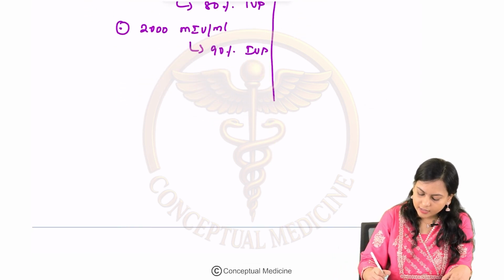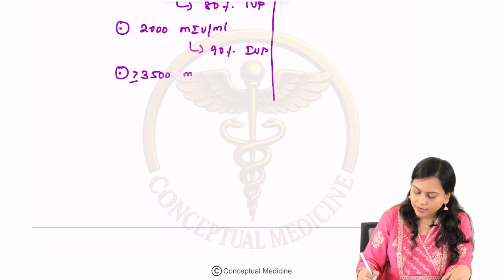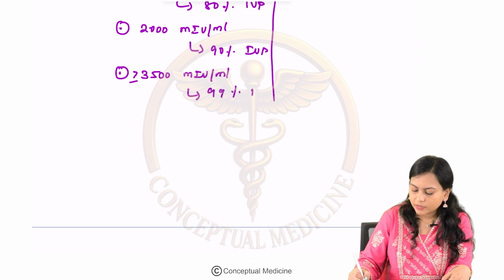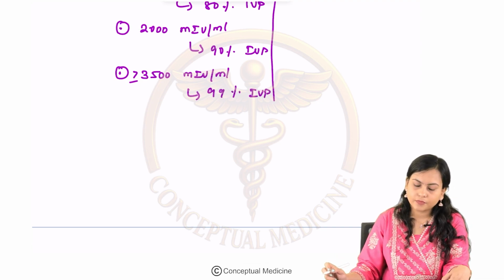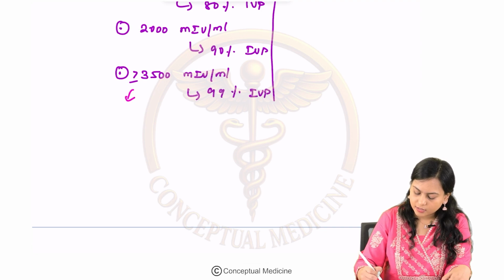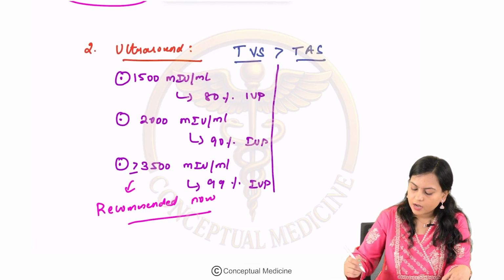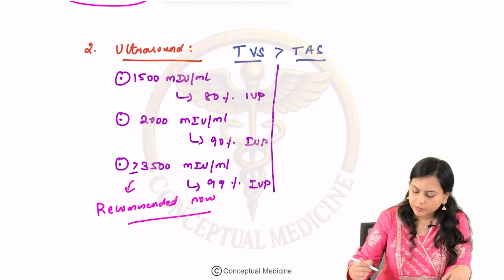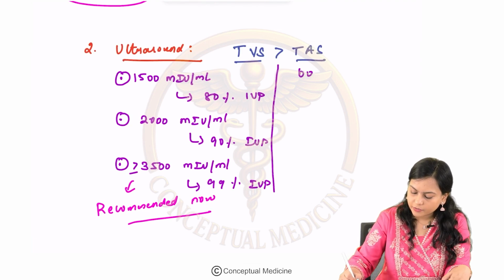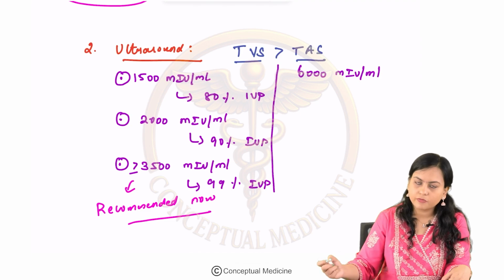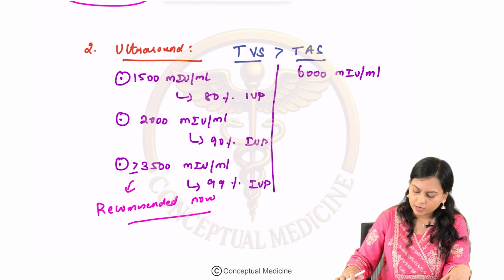And suppose the value is around or more than 3500 milli international units per milliliter, then 99% of intrauterine pregnancies can be diagnosed. So this is recommended now. And in trans-abdominal ultrasound, the discriminatory value is 6000 milli international units per ml of beta HCG. Clear?